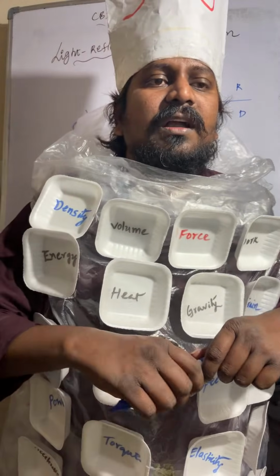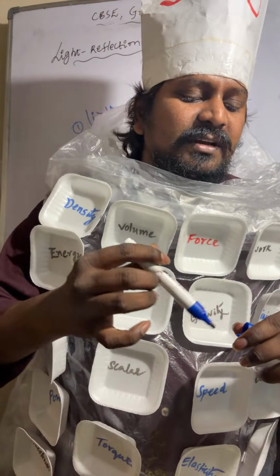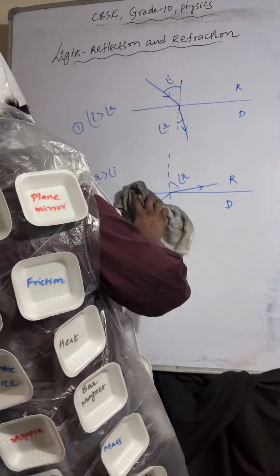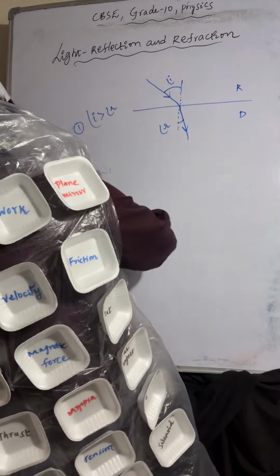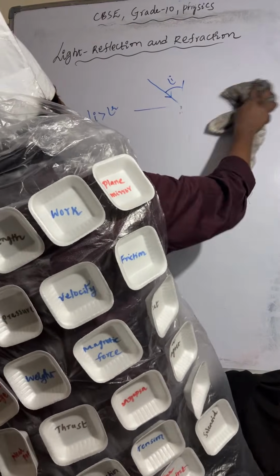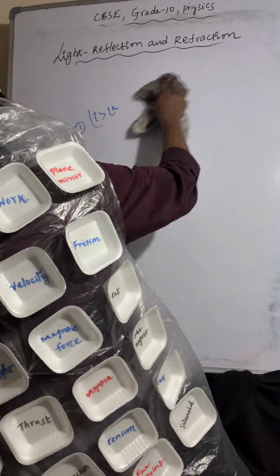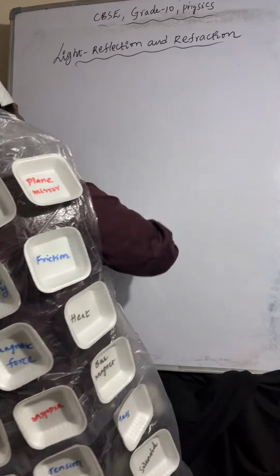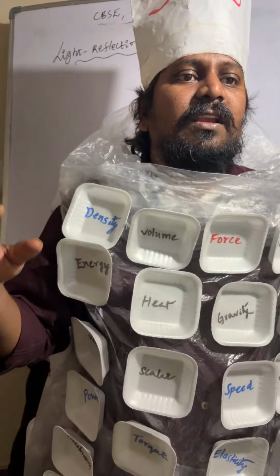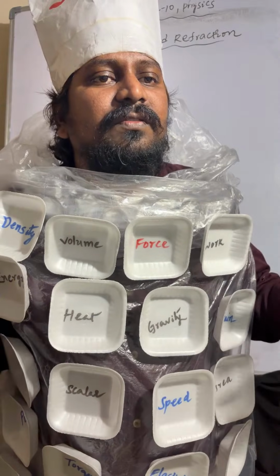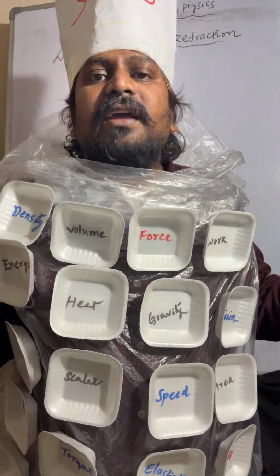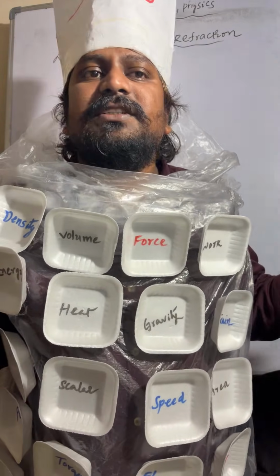And this is about refraction of light. If the light ray is passing along the normal line, what happens? There is no refraction, there is no deviation.